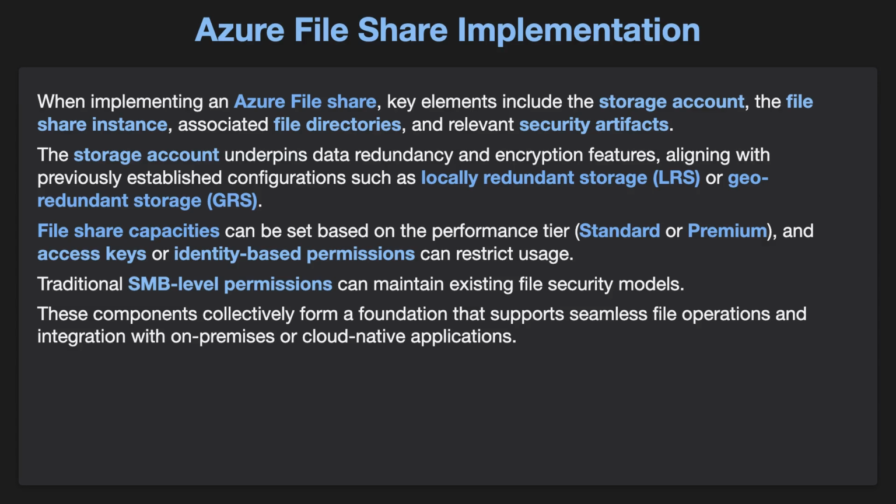File share capacities can be set based on the performance tier, standard or premium, and access keys or identity-based permissions can restrict usage. Traditional SMB-level permissions can maintain existing file security models. These components collectively form a foundation that supports seamless file operations and integration with on-premises or cloud-native applications.